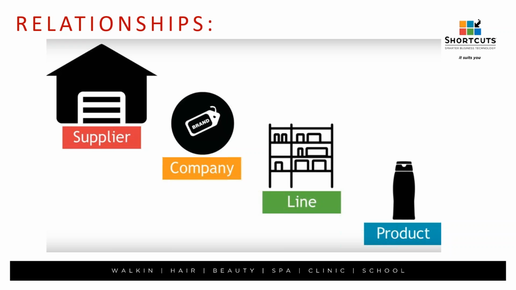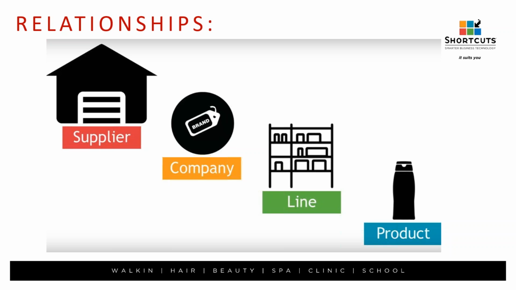Our line, these are the different ranges within the brand or the company. So underneath this company, we have different ranges of products. You might break this up as shampoo, conditioners, styling, or again, with TG products, they have their own line names that we like to go by as well. Bedhead, Catwalk, Rockaholic, things like that.